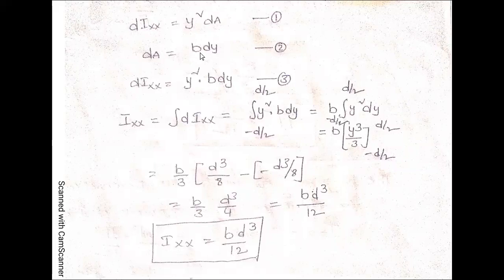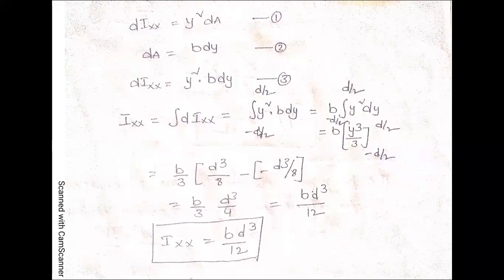Then the moment of inertia of the element, by substituting area, is y square b dy. Then the total moment of inertia of the rectangle about the x-axis is the integral of the moment of inertia of the element about the x-axis.